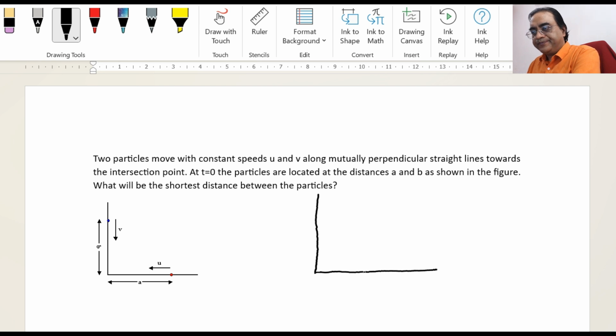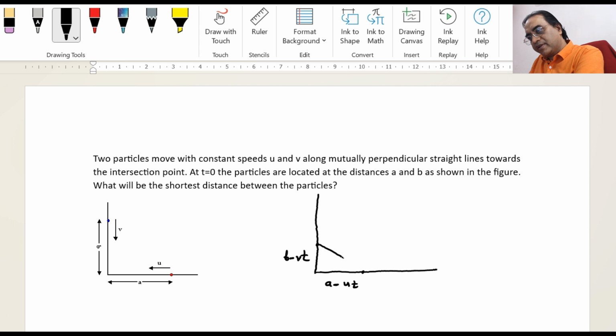So let's say this particle is here. So this distance would be a minus ut, and this particle, let's say, is here, and this distance would be b minus vt. So distance between them would be this.